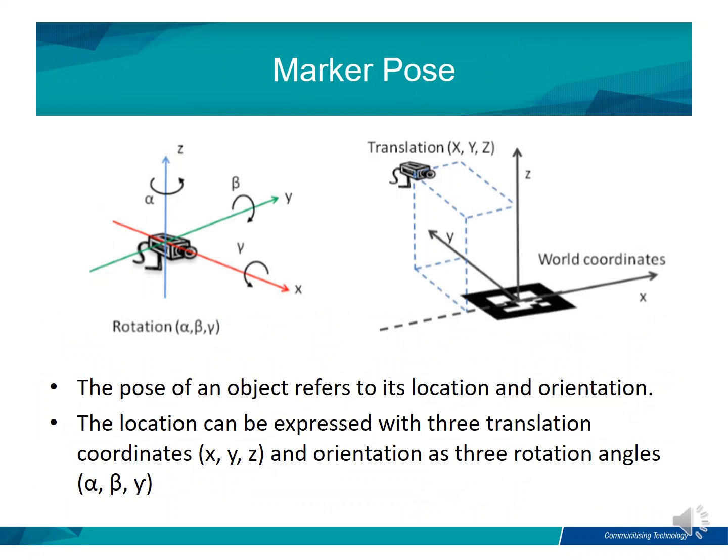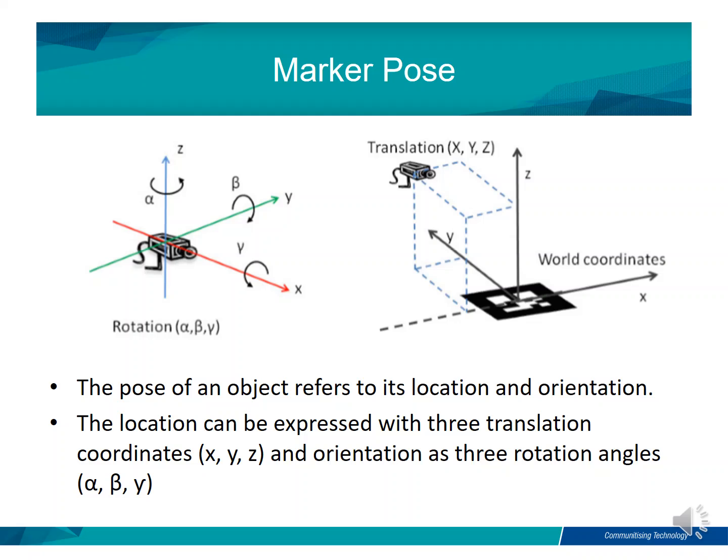When we talk about marker pose, basically the pose of a marker or the pose of an object refers to its location and also orientation. Where it is located, and how it is positioned. This location can be expressed with three translation coordinates, x, y, and z, because it involves three dimensions.